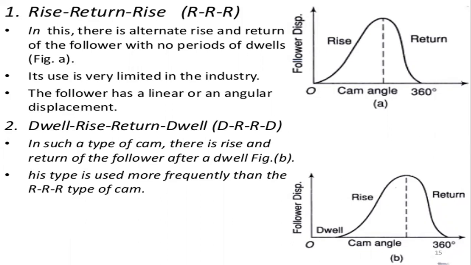It is also called RRR. In this, there is alternate rise and return of the follower with no periods of dwell. You can see it in the picture. The starting point of the follower is like this on the profile. It will rise and go to the cam angle point, and then return to its original position, with no periods of dwell.